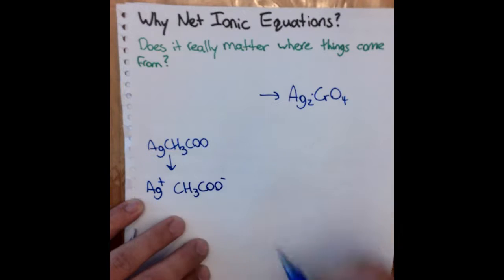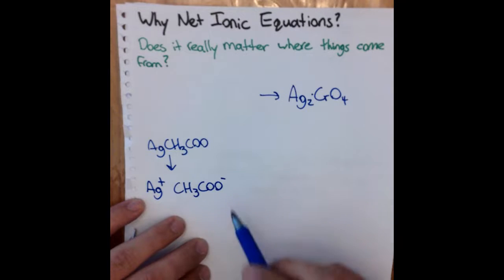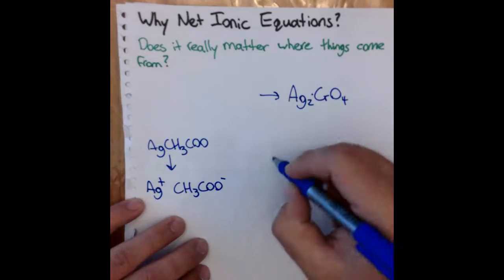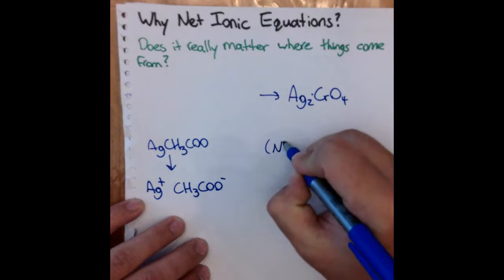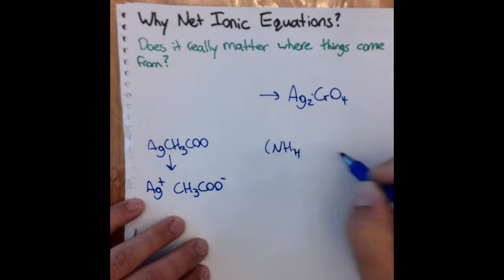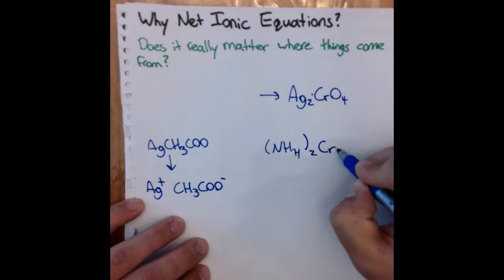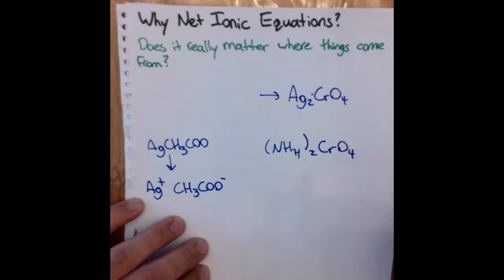CH3COO minus ions. And at the same time, maybe I get my chromate from ammonium chromate, which would be (NH4)2CrO4. Right?